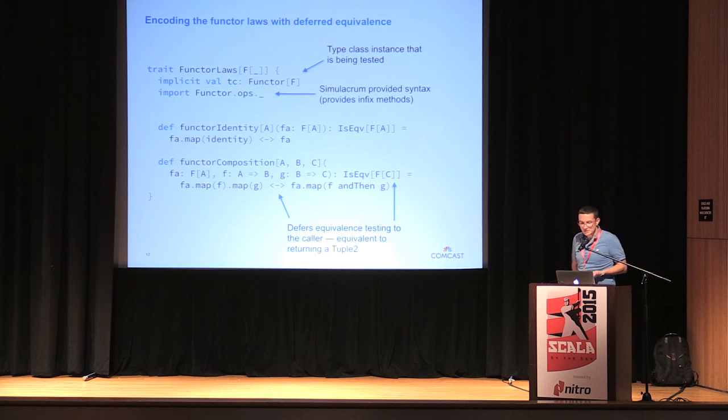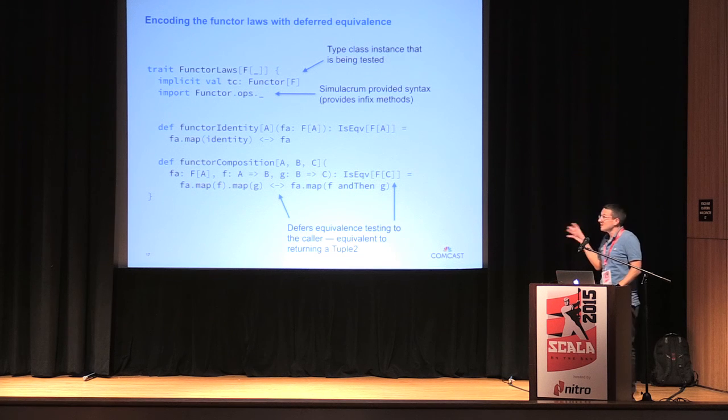Because of this import, we're able to say, given some arbitrary F of A, call map on it. We know nothing about F short of the fact that F has an implicit Functor instance available, right? So normally we wouldn't be able to call a map function on some arbitrary value of type F of A, but Simulacrum provides us some extension methods here so we can do that.